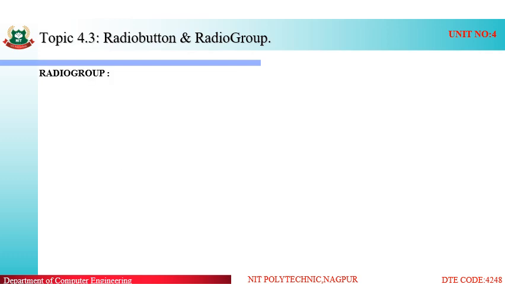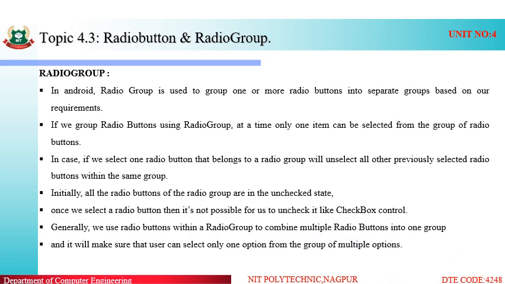So coming to radio button group, in Android, a radio button group is used to group one or more radio buttons into separate groups based on our requirement. If we have more than one radio button control, we can group them into a radio button group, and we can also create different groups inside the UI design.